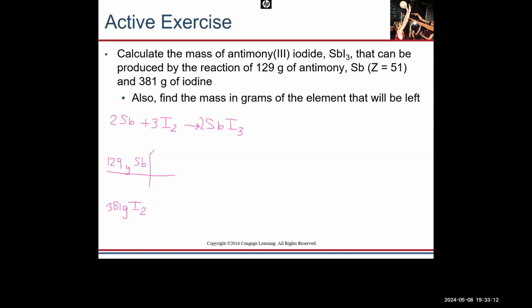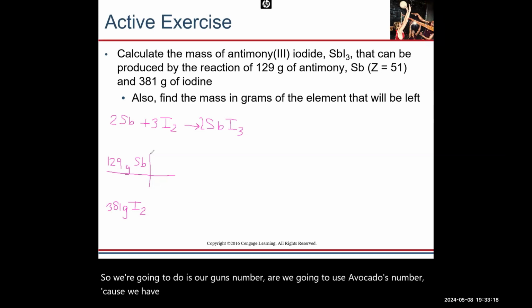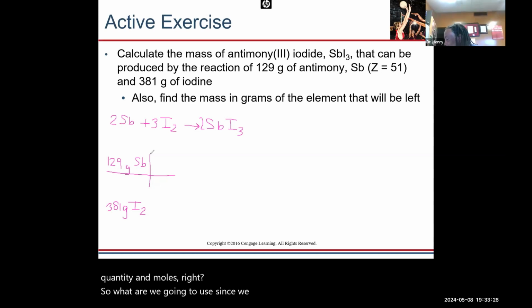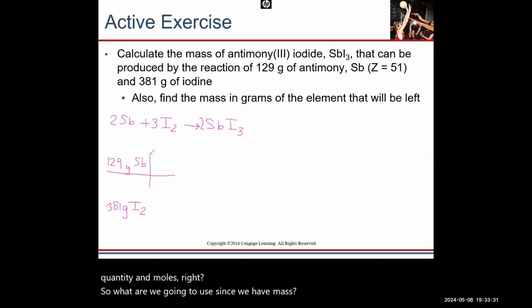So we're going to use Avogadro's number? Because we have mass, and Avogadro's number is quantity, moles, right? So what are we going to use since we have mass? Probably the amount of moles compared to the other element.